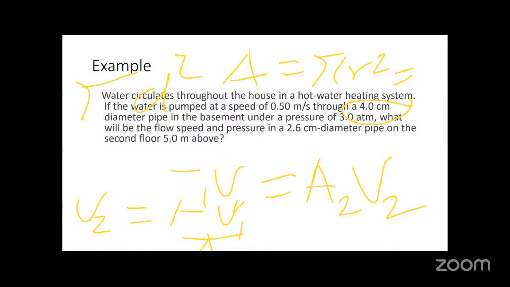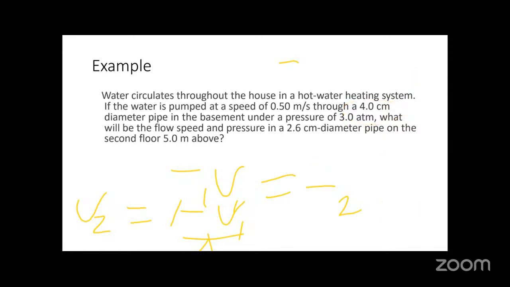So now, after we've done finding our V2, we now have V1, V2, we have P1, P2.